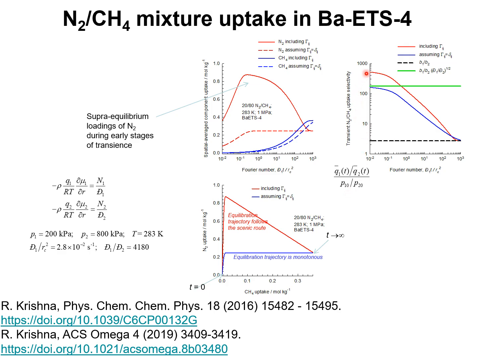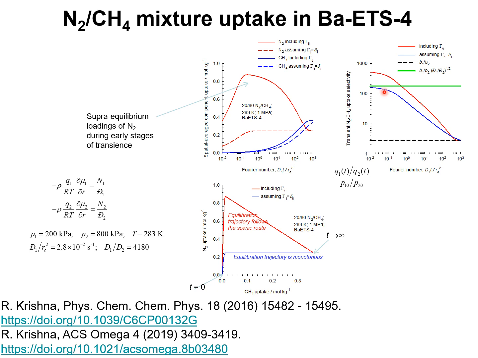I plot the transient uptake selectivity from the information presented here. This line is the uptake selectivity based on the calculations in which thermodynamic coupling effects are duly accounted for.